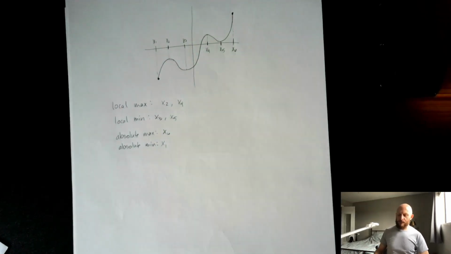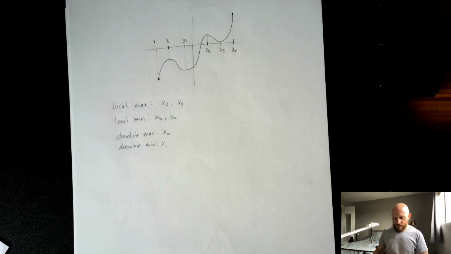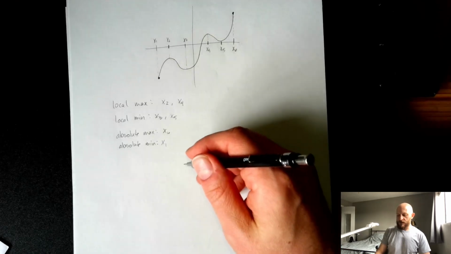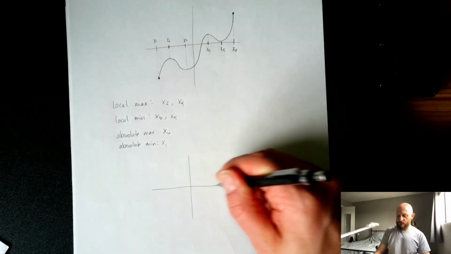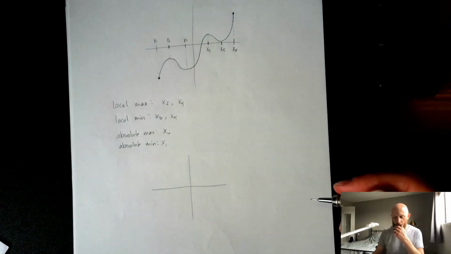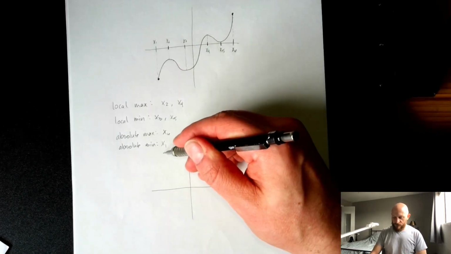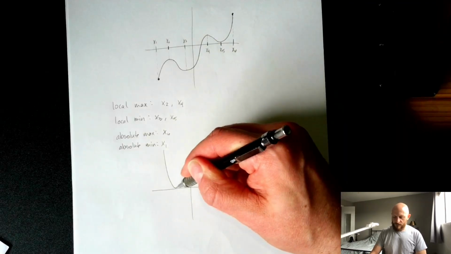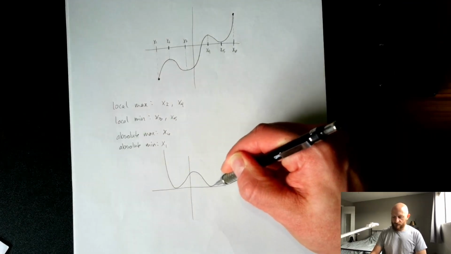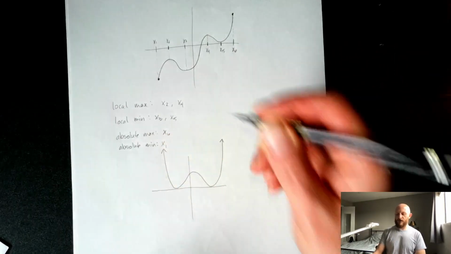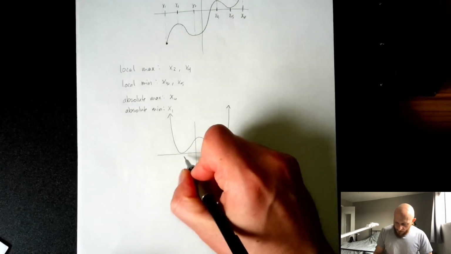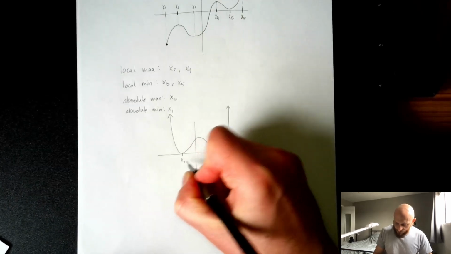Let's look at an example where there's an overlap between absolute minimums and local minimums, and also a graph where there is no absolute maximum. So let's try this graph right here. It's going to be some kind of quartic graph, like that. And just assume this thing goes off forever. And again, we'll put some points just for reference.